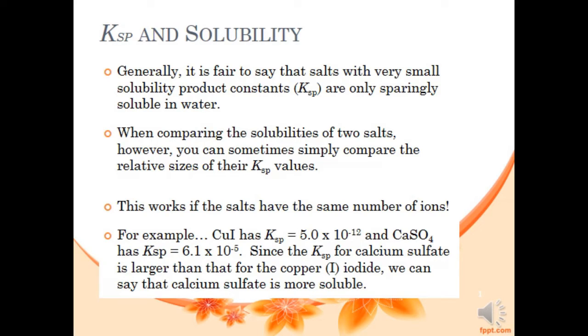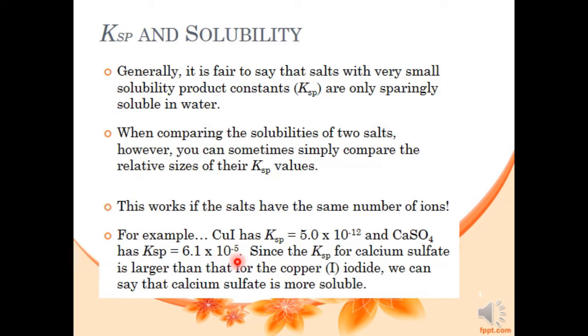For example, this is copper iodide. It has a Ksp value of 5 times 10 power negative 12. On the other hand, calcium sulfate has a Ksp value of 6.1 times 10 power negative 5.